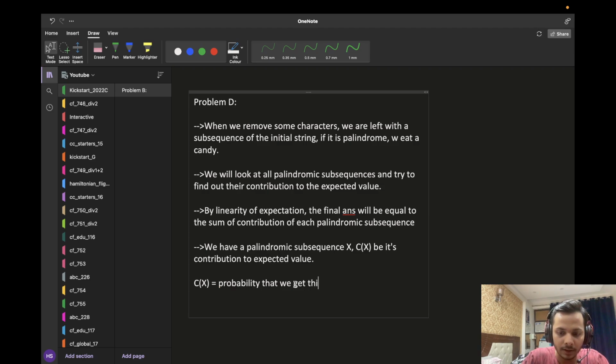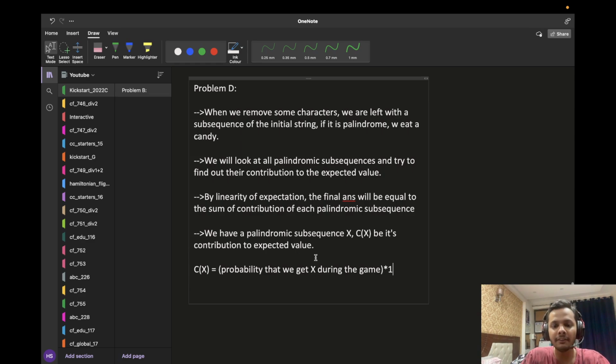It's multiplied by 1 because for each time we get this subsequence x, we will eat exactly 1 candy. So its contribution will be exactly 1, and that has to be multiplied with the probability that we get x, right? So this is how probability and expected value work, right?